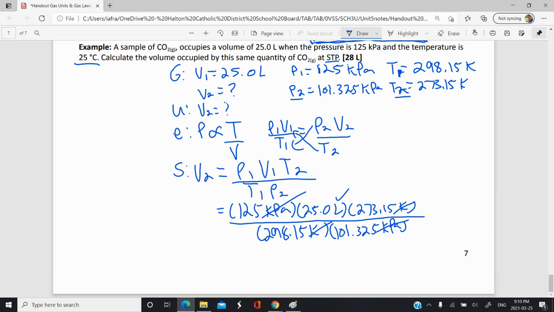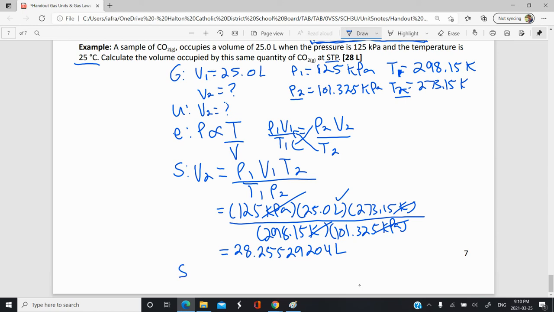So we have 125 times 25 times 273.15 divided by 298.15 divided by 101.325, and we get 28.25529204 liters.